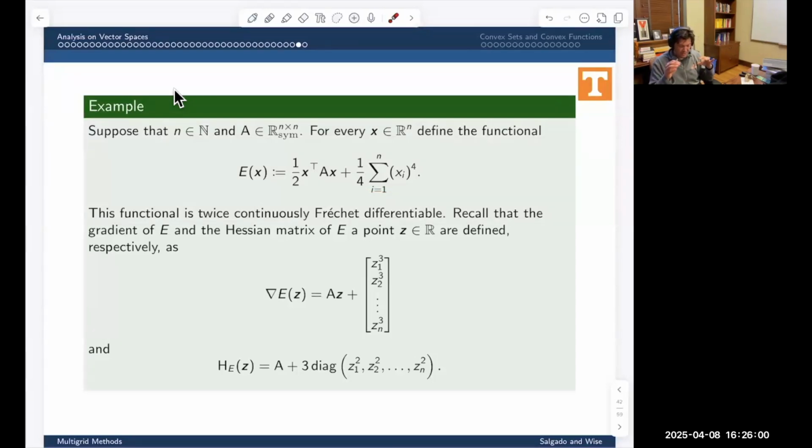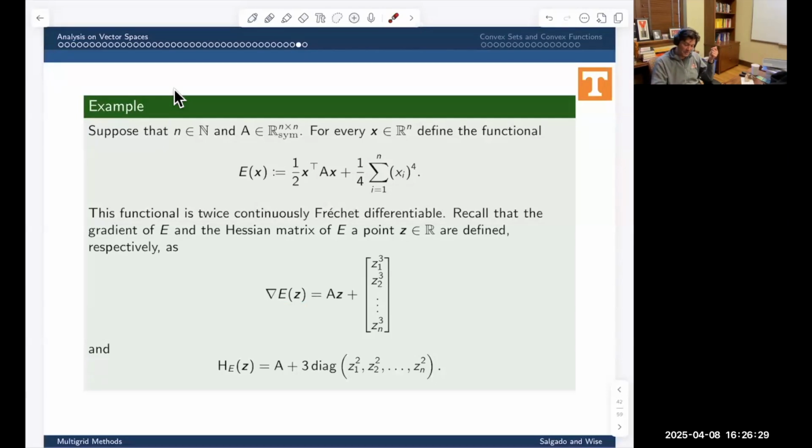So for this particular functional, the gradient works out to be, and you can do the calculation. Basically, the calculation I showed you last time is a good way to do this. The gradient of E at a point Z is exactly equal to A times Z. So that's matrix A times the vector Z. That gives you a vector, the gradient vector. And it's AZ plus the vector which is just all of the components of Z raised to the third power individually.